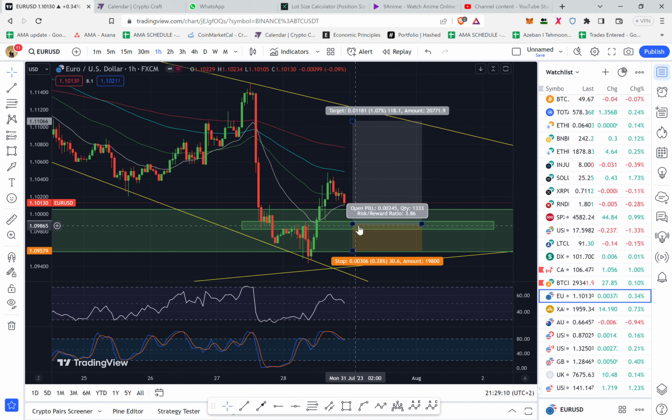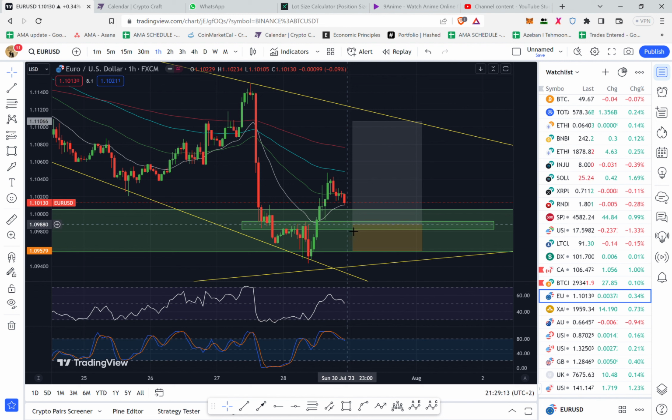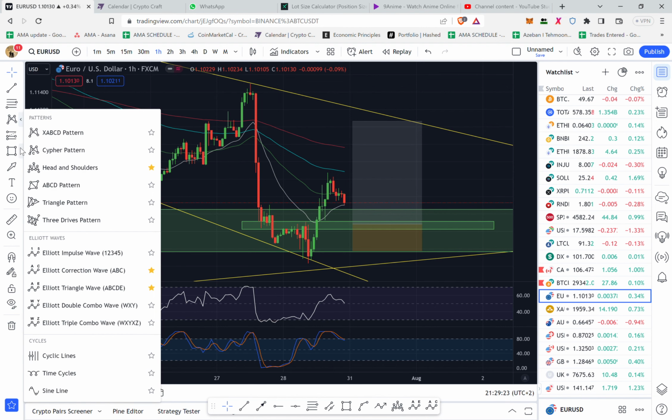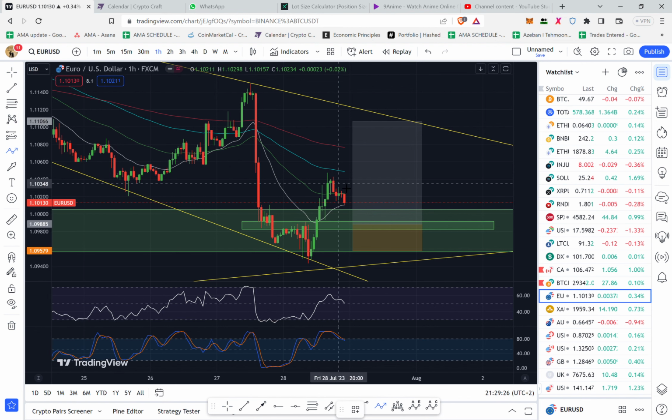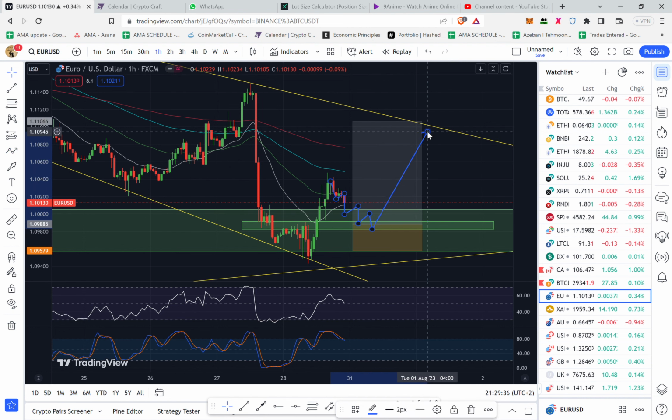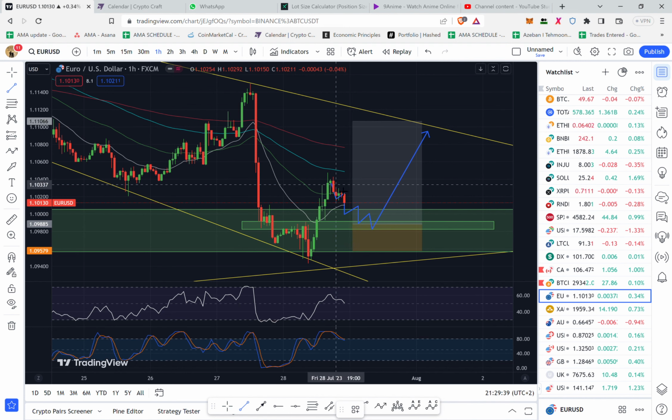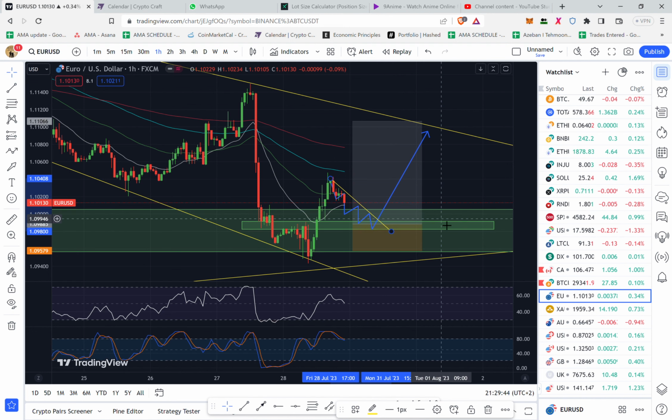Yeah, I'll be looking for some sort of confluence, maybe a bullish candlestick, or maybe another thing that I could be looking for is potentially for price to move like this, maybe some sort of bullish correction. So maybe a trend line down to like this, and a breakout of the trend line. That could be another potential way that I could enter.